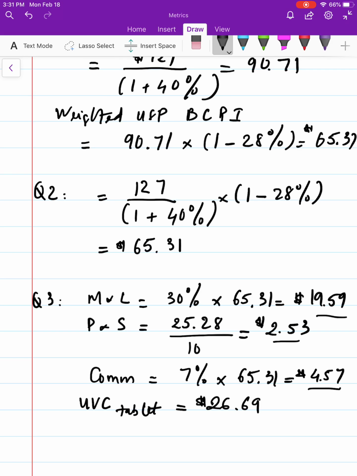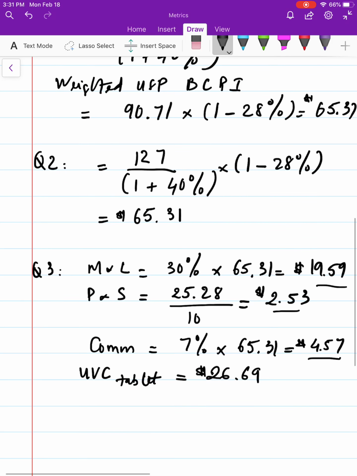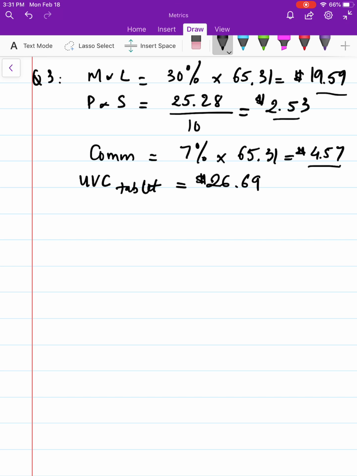Next question. Question number 4, asking for the dollar contribution. The dollar contribution is equal to the unit selling price minus the unit variable cost, equal to $38.62.